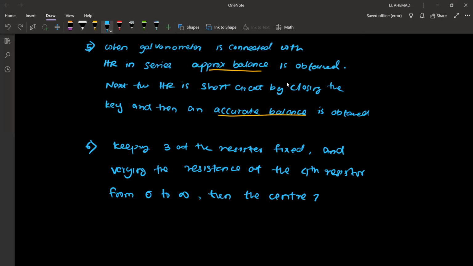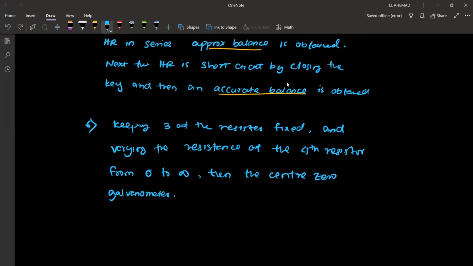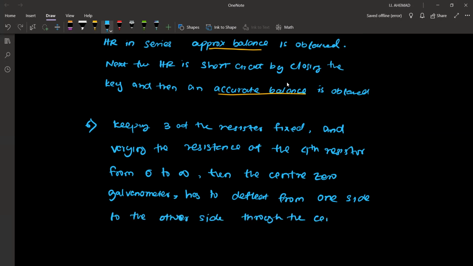Then the center zero galvanometer has to deflect from one side to the other side through the center zero.